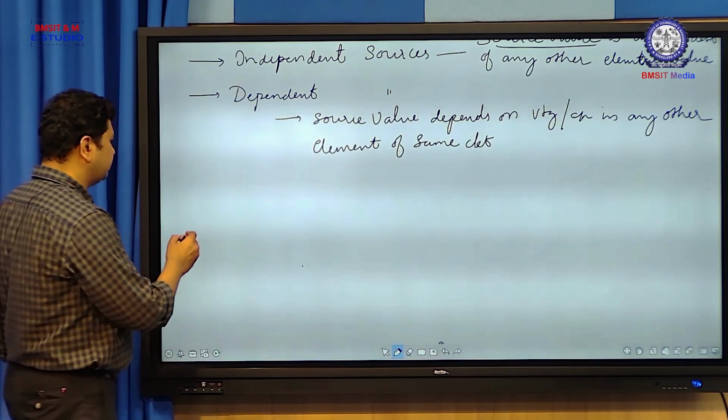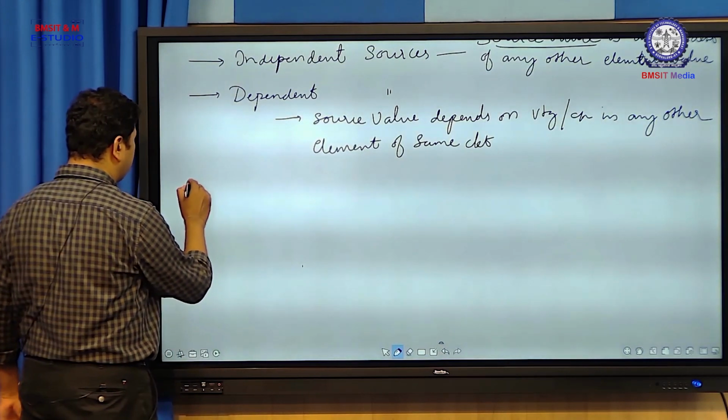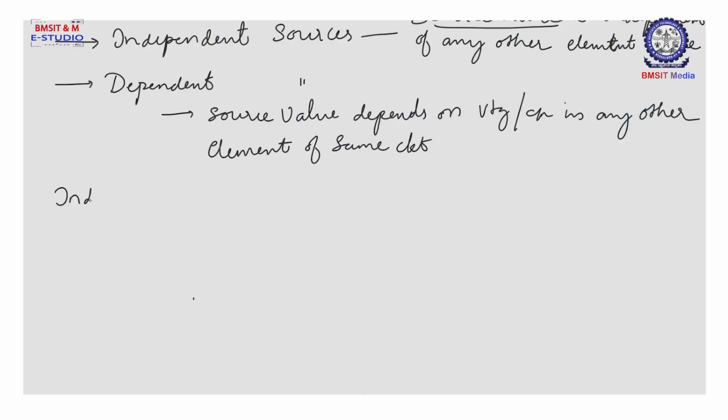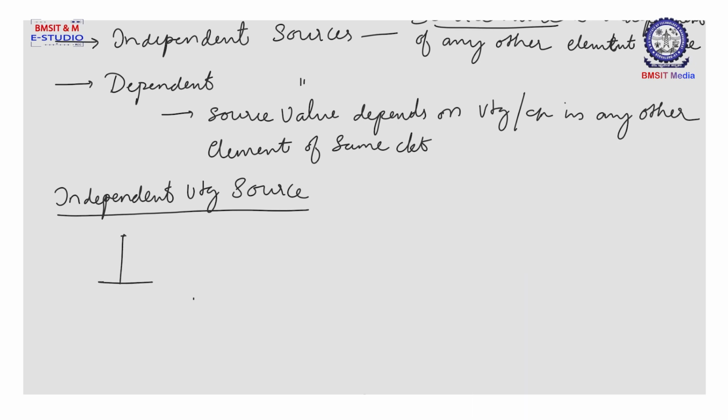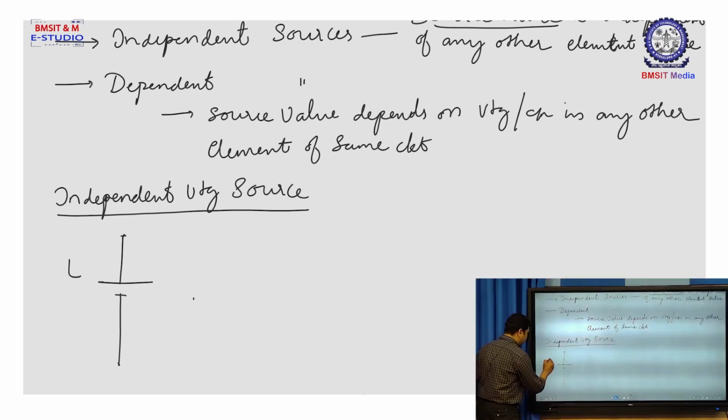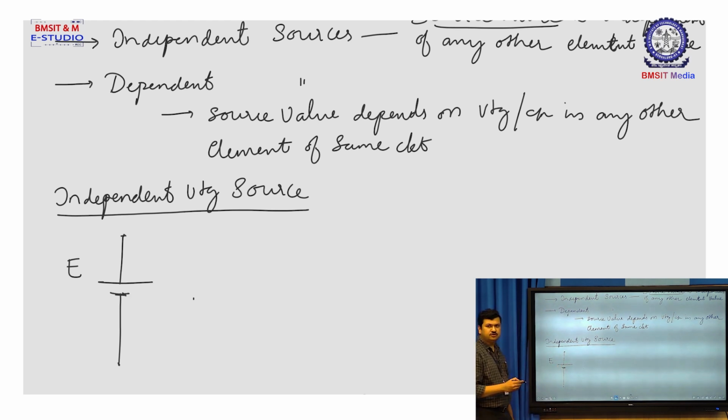So, how are independent sources represented? Let me take an independent voltage source. An independent voltage source is represented in any of these forms, a voltage of E volts. Generally, we use this notation to show a battery.